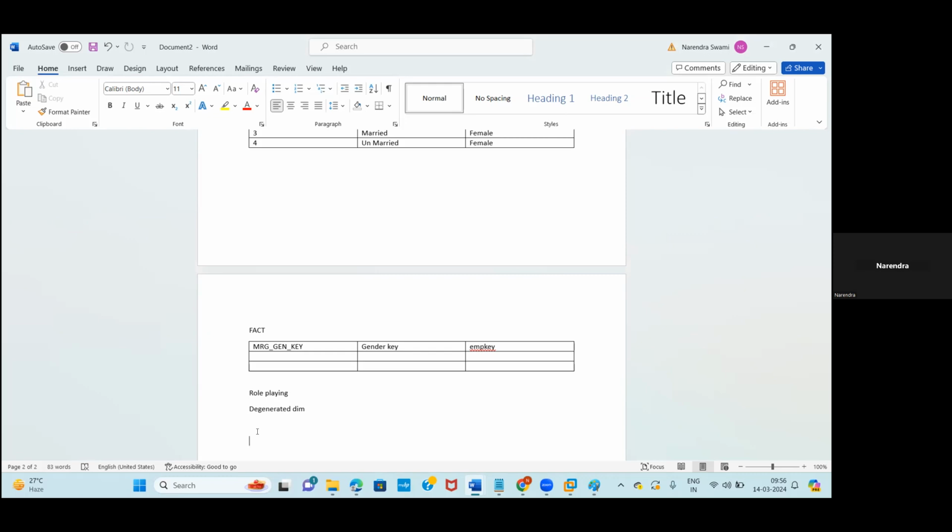So we have one column in the fact table. By using that column we can derive something, and then that column is acting as a dimension.